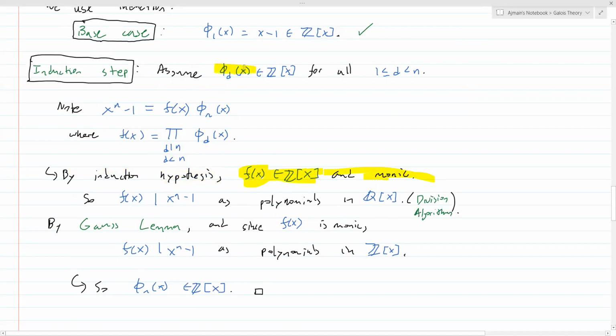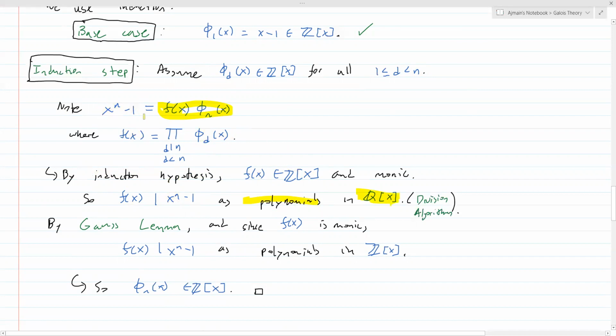We assumed that the dth cyclotomic polynomial has integer coefficients if d is less than n, and all of these are dth cyclotomic polynomials where d is less than n. So the product of polynomials with integer coefficients has integer coefficients. We use the induction step there. And then f of x is a factor of x to the n minus 1 as polynomials in Q of x.